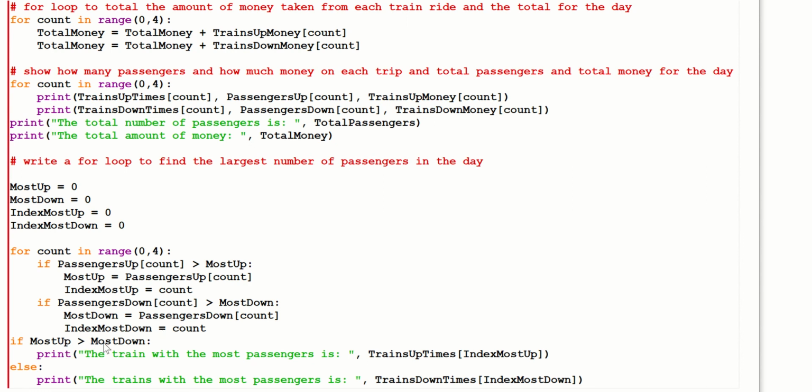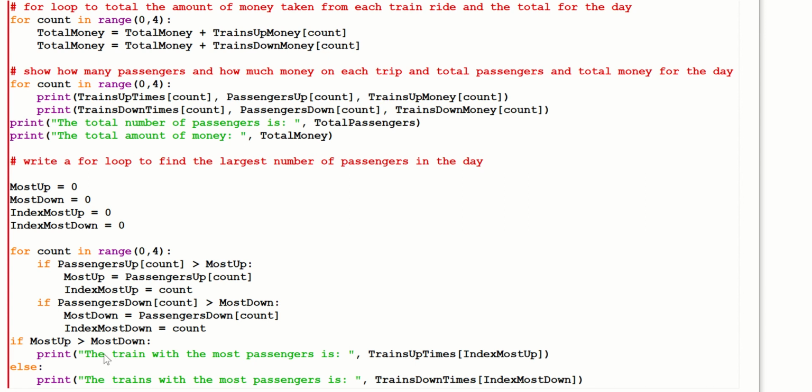If most up is more than most down, then print the chain with the most passengers is chains up times index most up. So index most up is the position in the array with the specific time in that position.